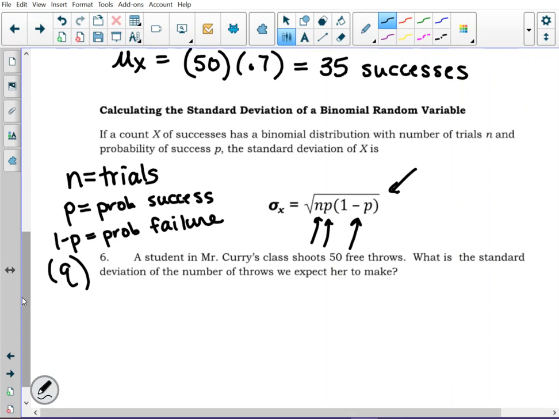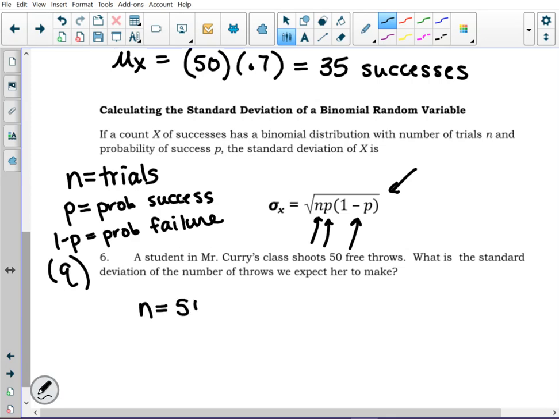So, this same girl who's shooting 50 shots, and we're going to expect her to make 35 of them. Well, what kind of variation are we going to expect? What would be sort of the most likely range that her number of shots would fall in?